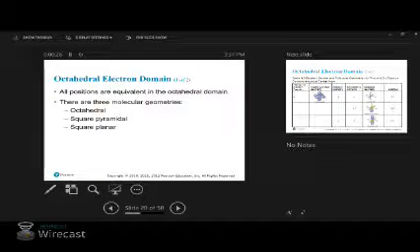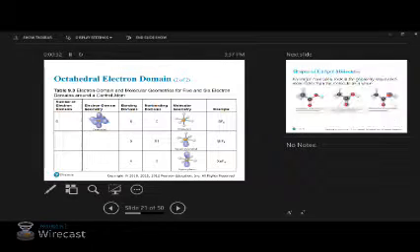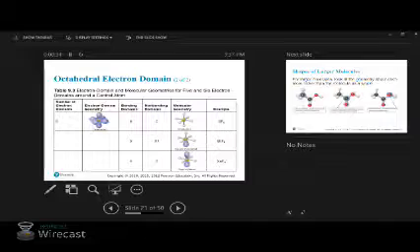Octahedral is 6 electron groups around the central atom. In the octahedral, 6 electron groups around the central atom, no lone pairs, all bonding, the molecular geometry is octahedral and the electron geometry is also octahedral. Always keep in mind, if you have 6 electron groups, no matter whether they are bonding pairs or non-bonding pairs, it's octahedral electron geometry.